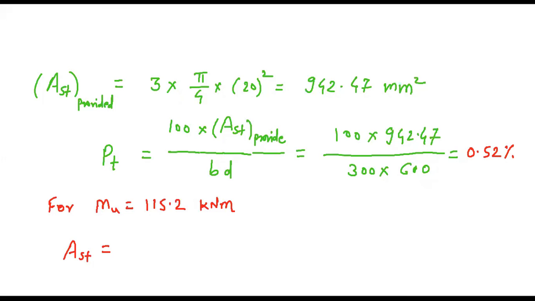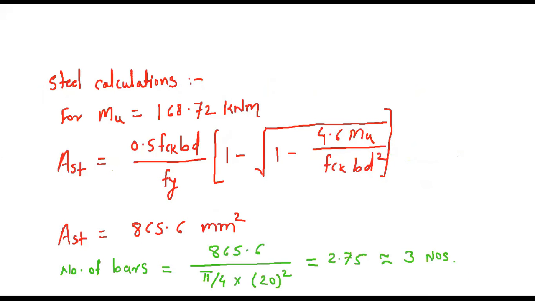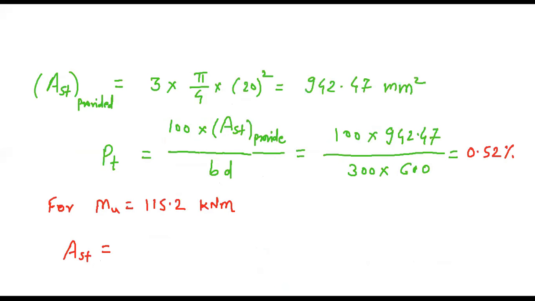I think you can now find the value. Is there any need to write the formula again? Now you know the formula. Just put the values. There is change in the moment only in the earlier formula. Instead of this 168, now put 115.2. You will get the answer. Answer is 569.42 mm square.